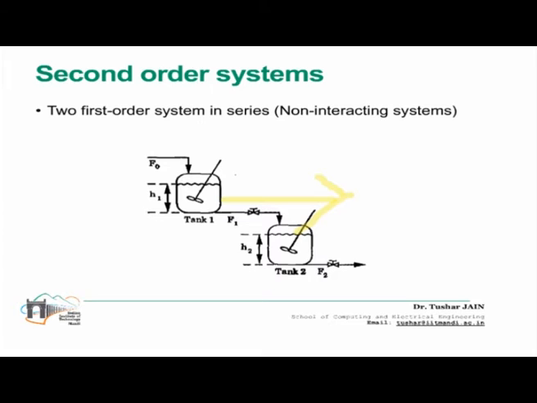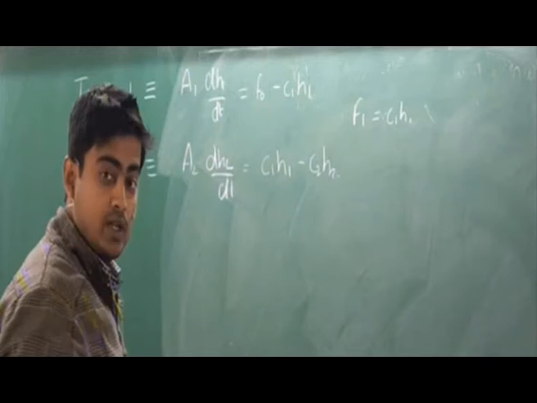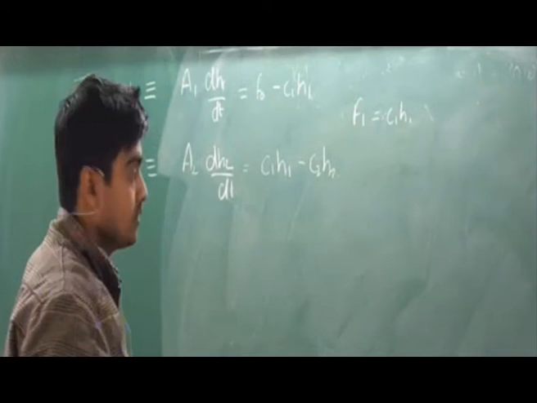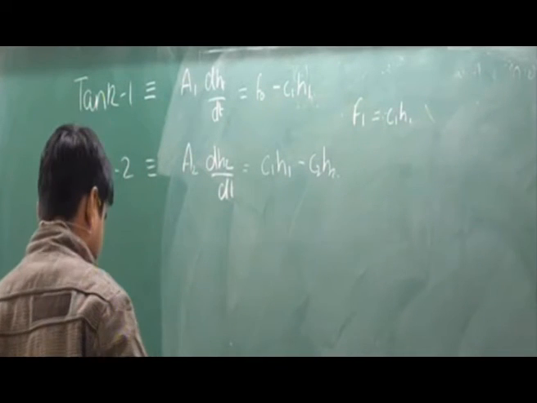Okay. So as you will notice, these two are first order systems. I could make a generalized form in terms of steady state gain and the time constant to visualize better how it is going to behave with respect to their individual time constants.